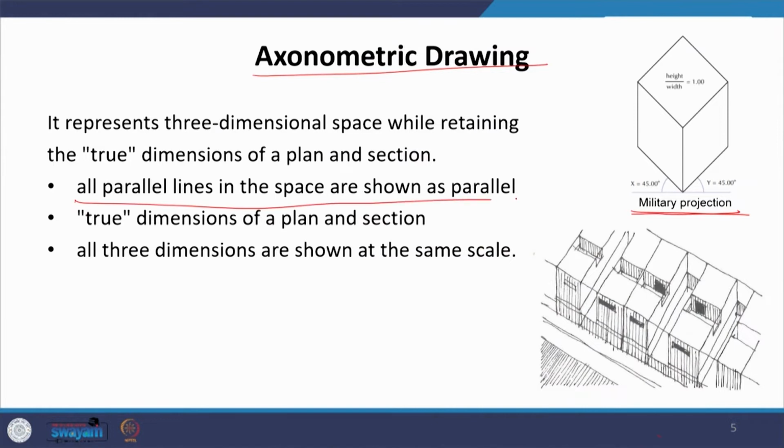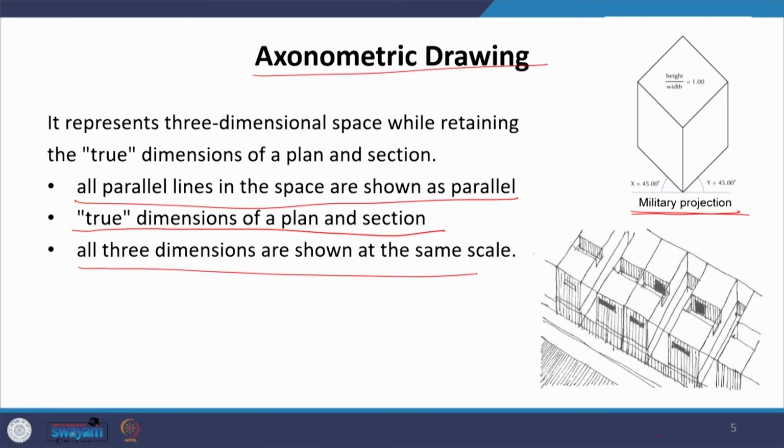Now, what are we doing here? We are following exactly the same rules with slight changes. We have the fundamental rule that all parallel lines in space are shown as parallel. Another thing is that we use the true dimensions of the plan and section here.